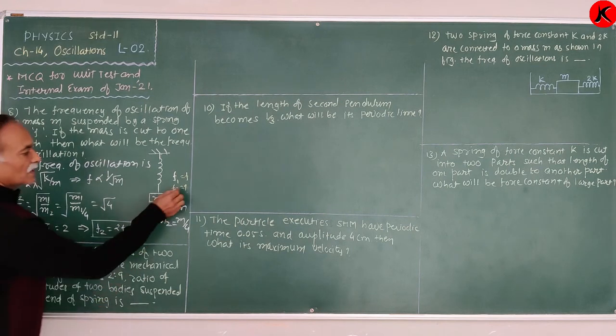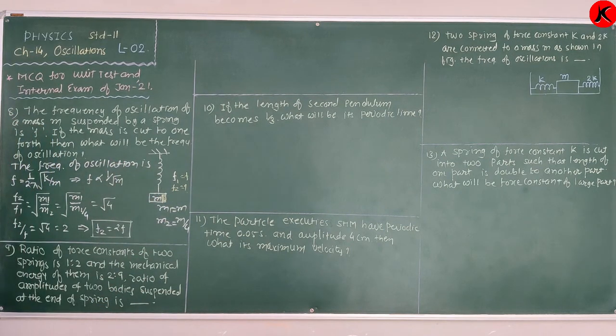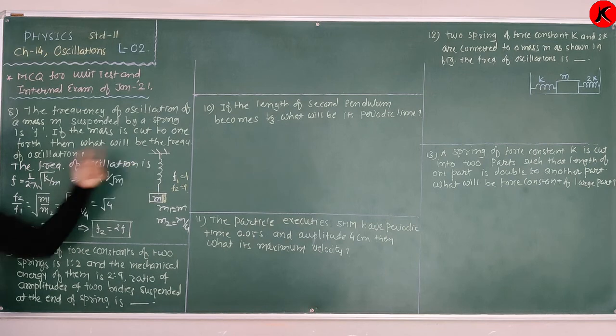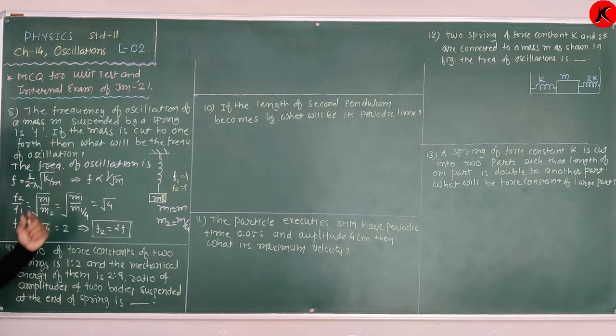What is F2? From this equation, K is constant as the spring does not change, therefore F is inversely proportional to the square root of M. Therefore, initial F1 is proportional to 1 upon under root of M1 and final frequency F2 is proportional to 1 upon under root of M2.